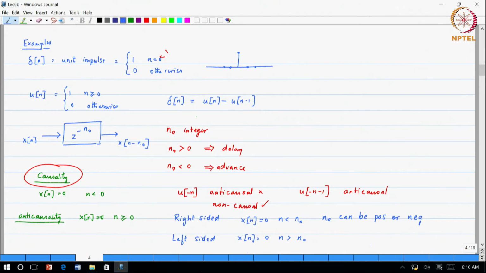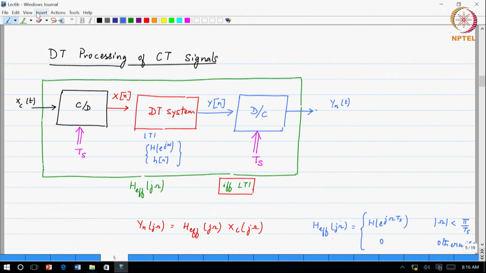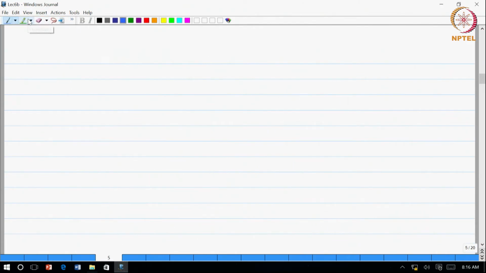So, one example. If I have a complex exponential C a power n u of n, this would be causal, yes, and right-sided.